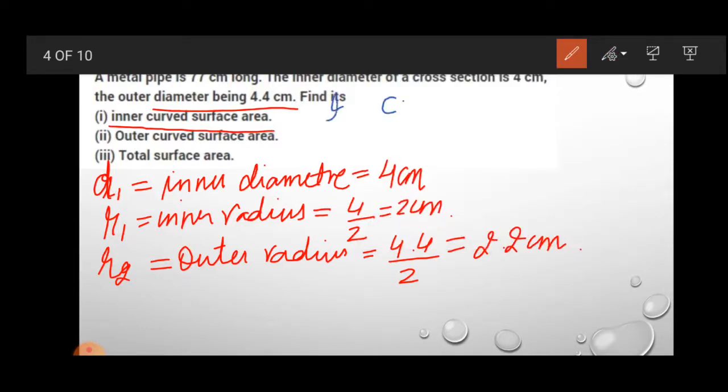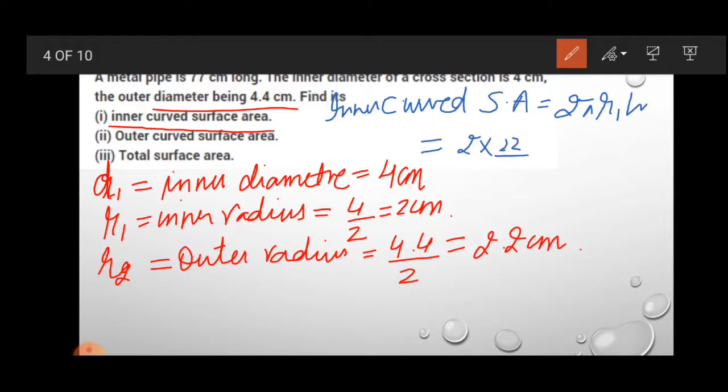Inner curved surface area is equal to 2 pi r1 h, which is 2 into 22/7, R1 is 2 centimeter, into height, 77 centimeter given. So into 77.